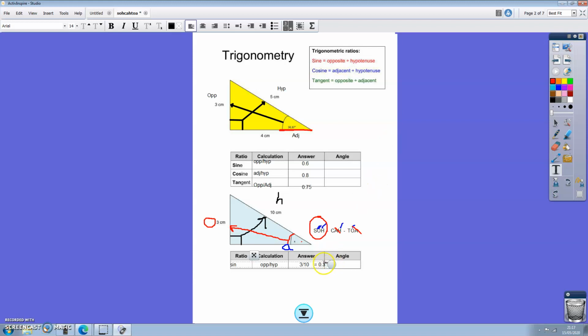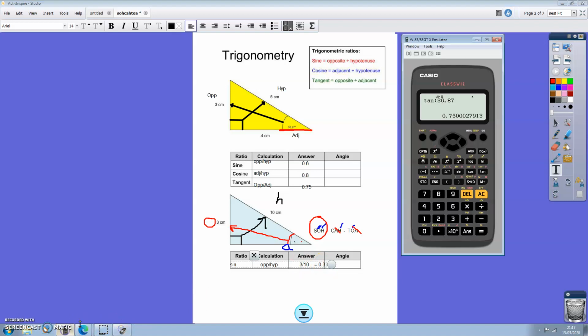Now to find the angle, bringing the calculator up, I need to find the sine of the angle. But because the sine is on this side of the equals, I need to do the opposite. If you can see at the top, there's sine minus 1 in orange.